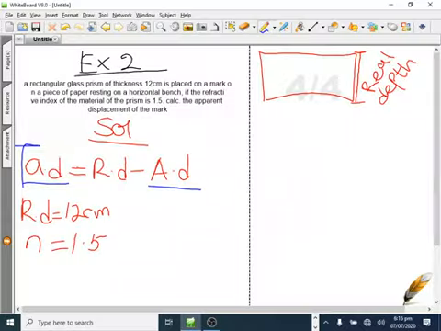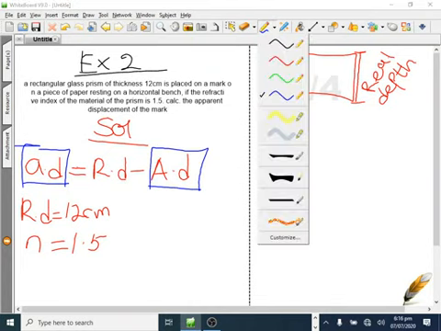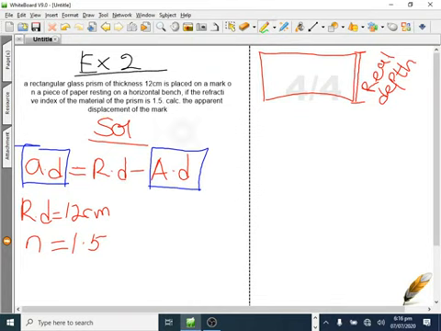So for us to calculate our apparent displacement, we need to first find our apparent depth. This one will be the first to be found. We will first find this, then we can find this. So now, let's find our apparent depth.